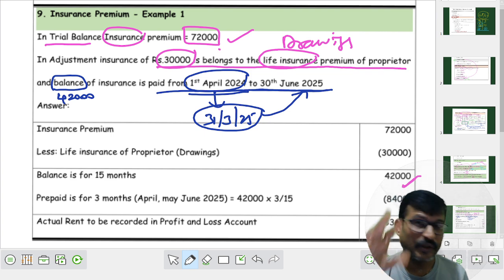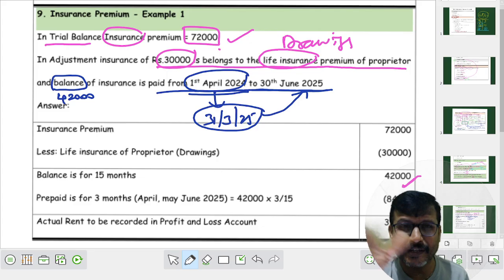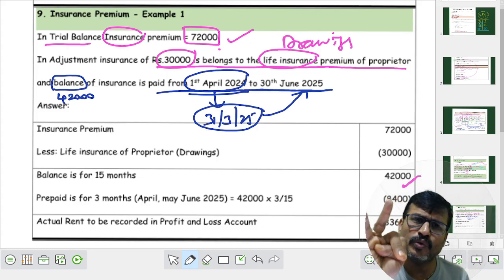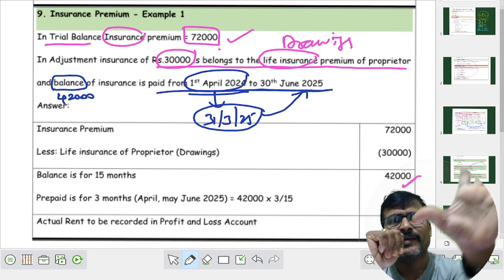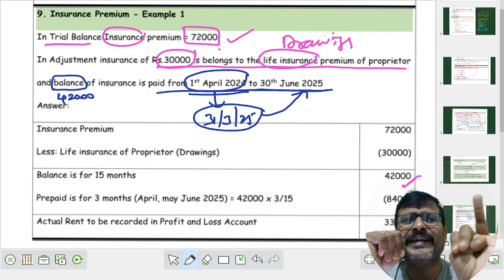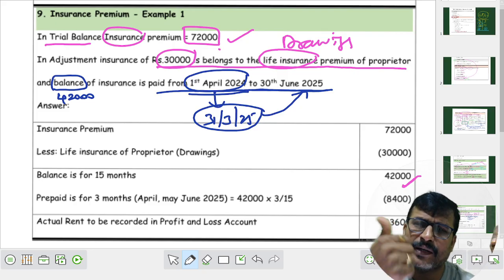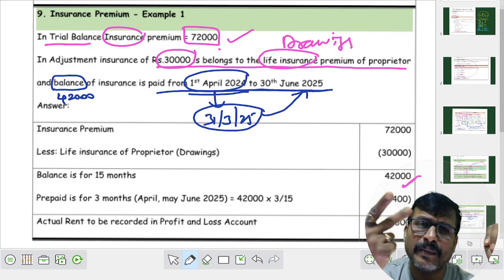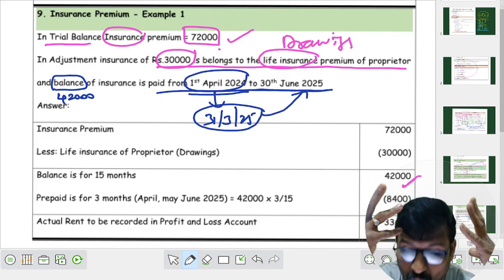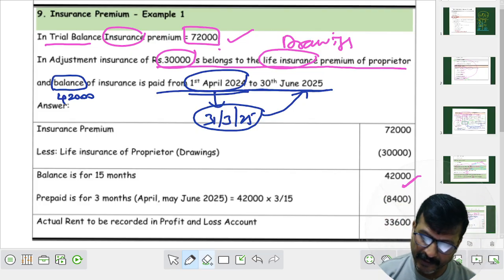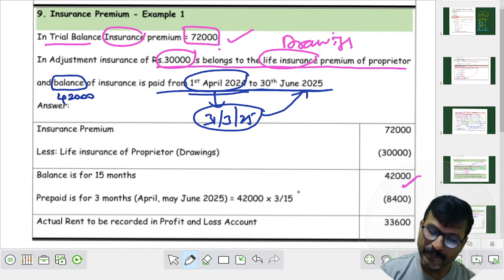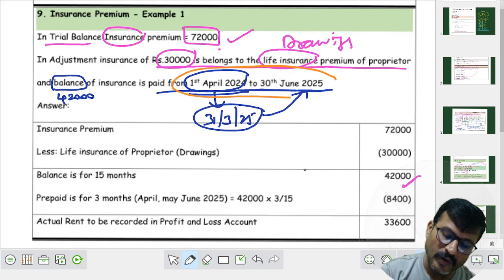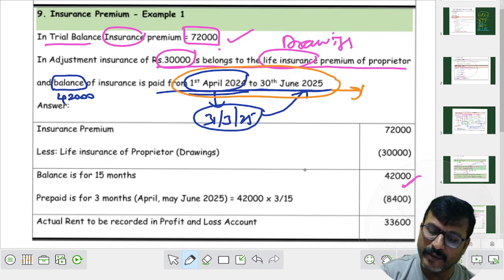Means you paid from April to June: April, May, June, July, August, September, October, November, December, January, February, March, April, May, June. So you paid for 15 months, from April 24 to June 25.